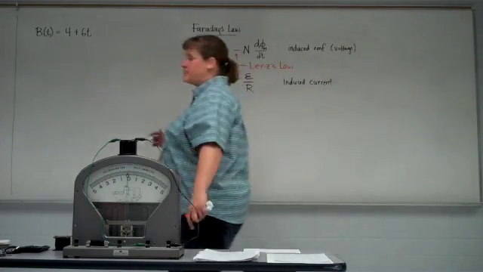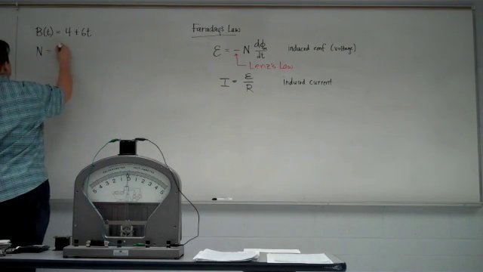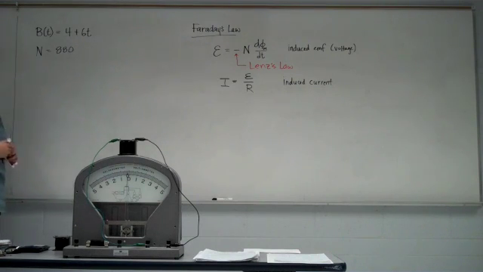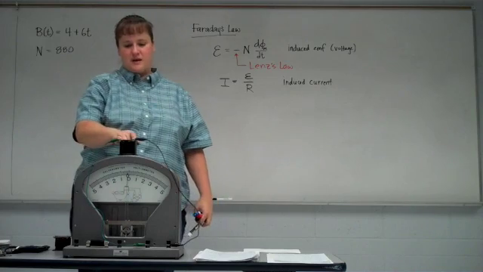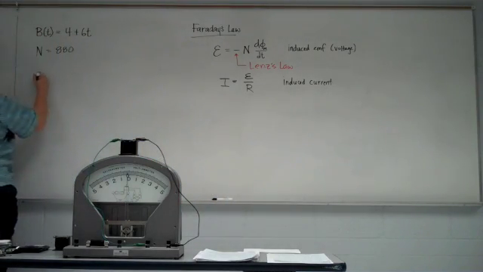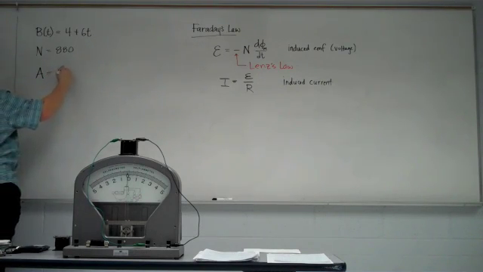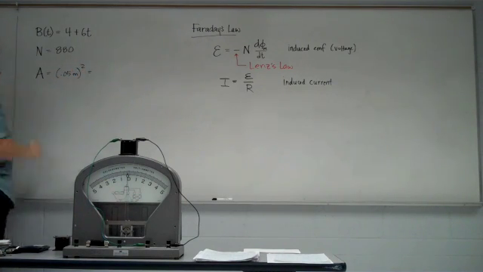We have 880 turns. The area, this looks like it's about maybe 5 centimeters across. So the area of that coil would be 5 centimeters times 5 centimeters, squared.